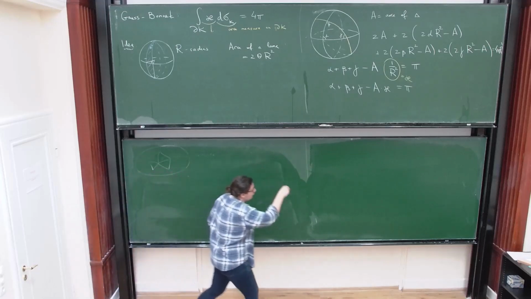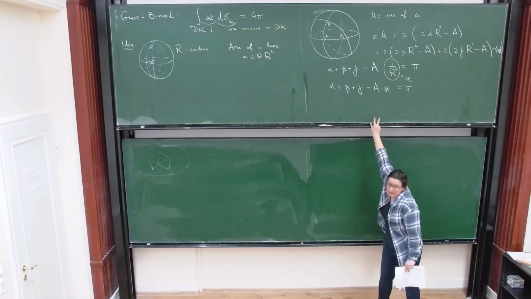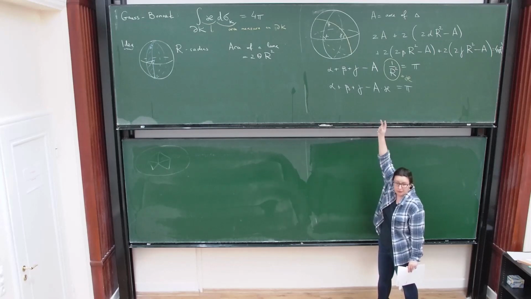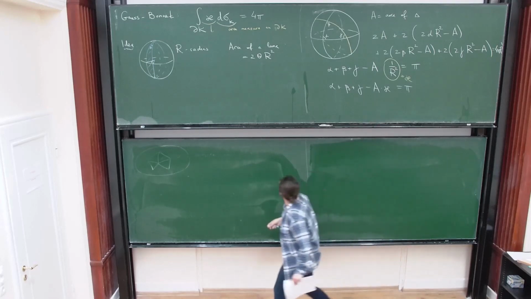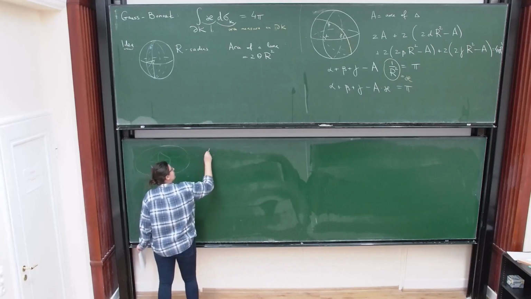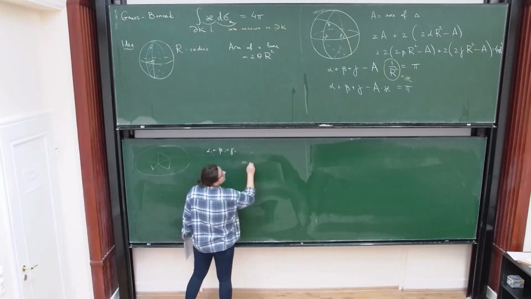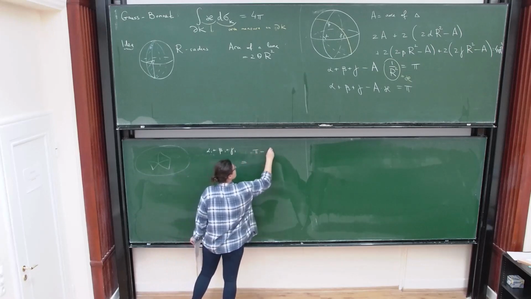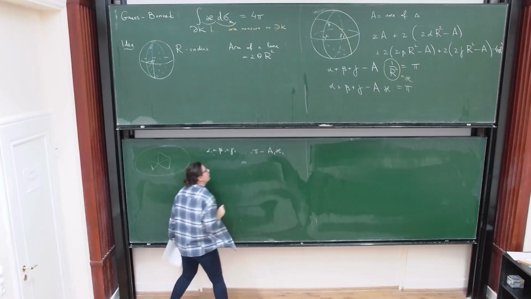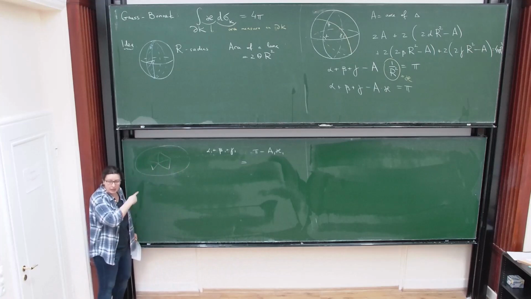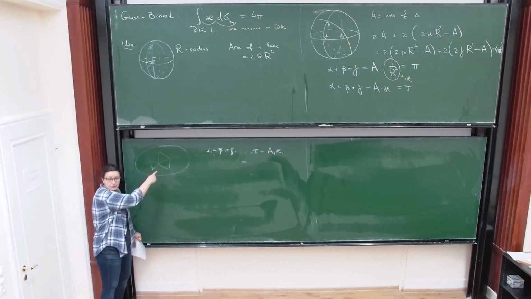So I can apply this type of formula for each of the triangles and sum them up. Okay? So if I enumerate them, let me sum them up. On the left, I have the sum of the angles. On the right, I will have pi minus each area times each curvature, and then I sum up over all such triangles, over all their angles.